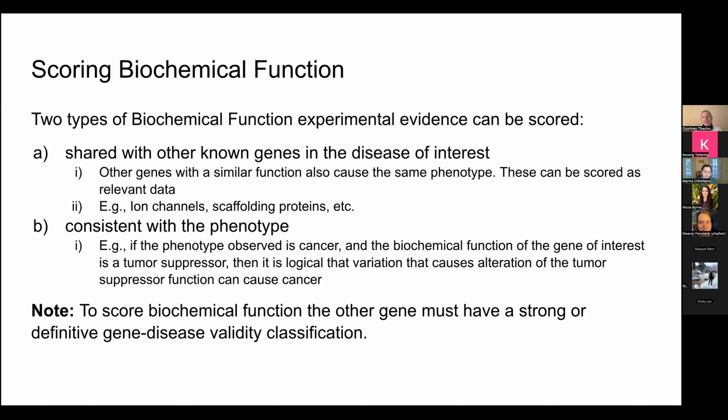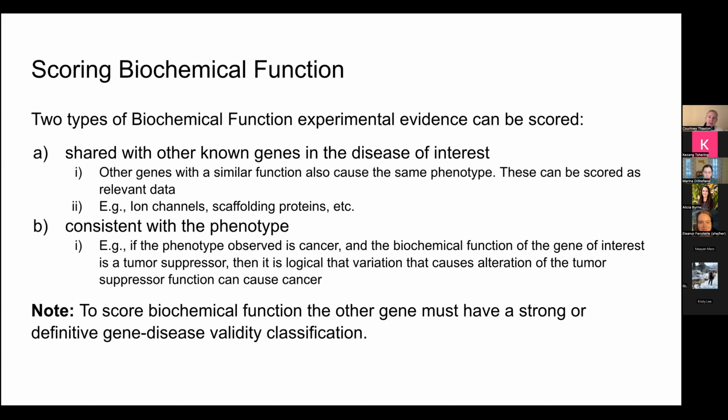So if that is the situation, you may be having to help your gene curation expert panel, or if it's for another panel, look and see if those curations have been formed. Some that work really well within this is when we think of ion channels, right? Those are genes with similar functions, and those can usually result in a similar phenotype, scaffolding proteins, etc.